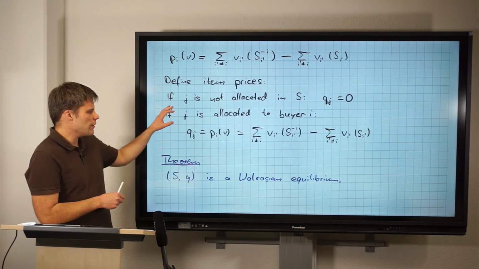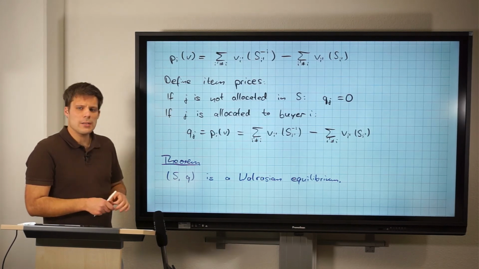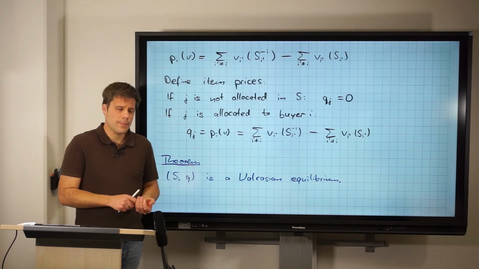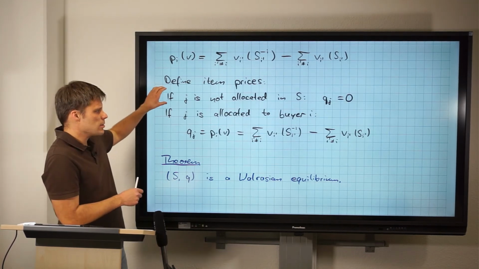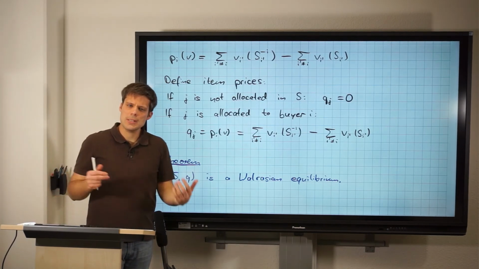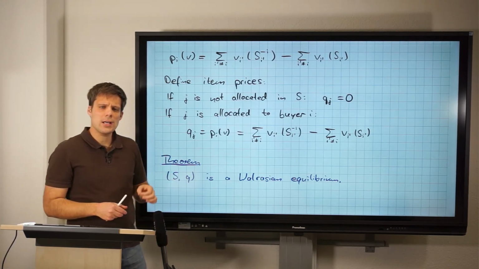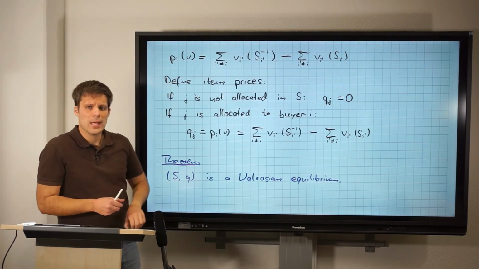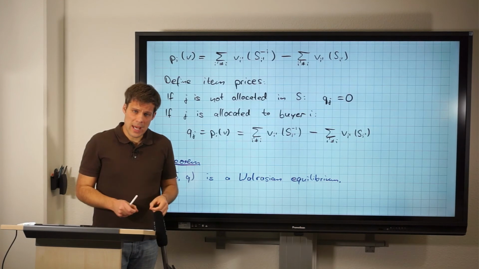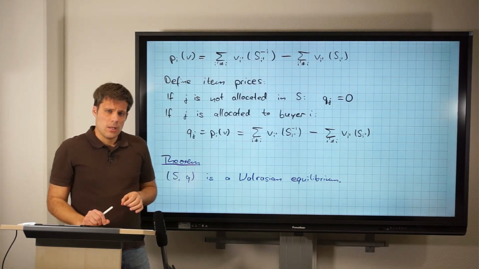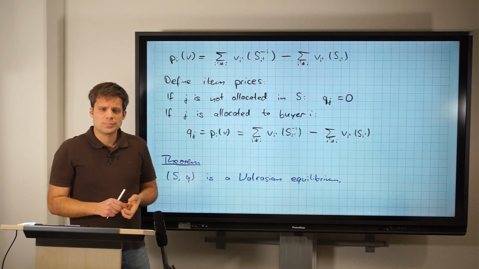We'll have to verify that via this construction, the properties of the Walrasian equilibrium are fulfilled. There's this thing that is already great, because what did we insist on in the Walrasian equilibrium? That items that are not allocated have a zero price, so this is by design. But is every player happy with what they're getting? We don't know yet.